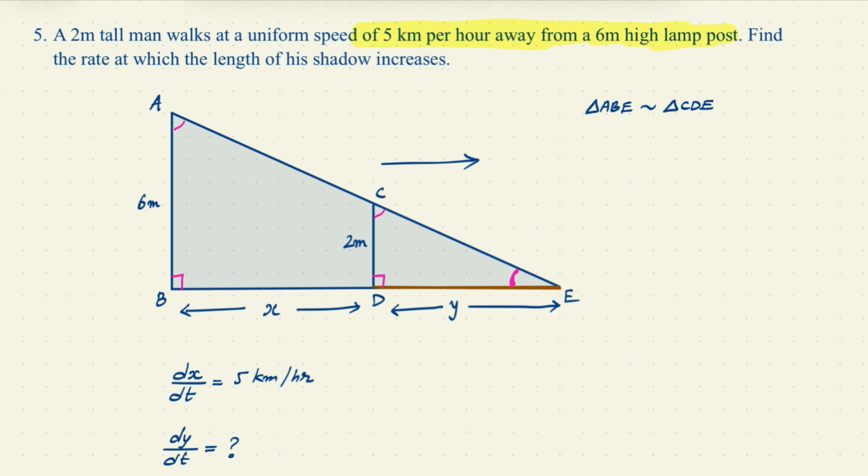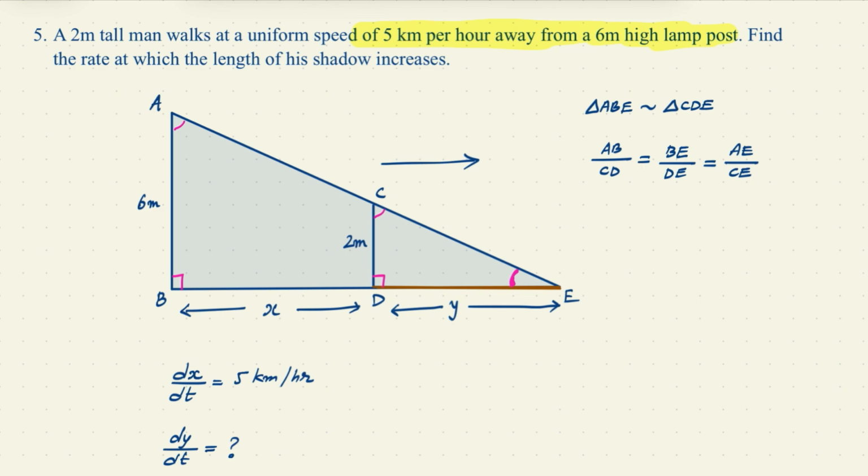So if I write the side AB of the bigger triangle, then the corresponding side of it in the smaller triangle is CD, and this will be equal to the side BE of the bigger triangle corresponding to the side DE of the smaller triangle, and of course it will be equal to the side AE of the bigger triangle to the side CE of the smaller triangle.